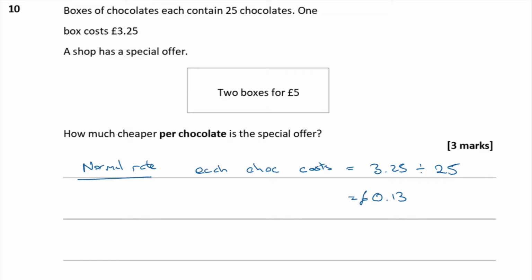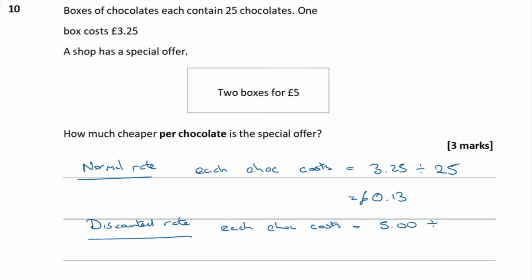And then the discounted rate. If it's £5 for 2 boxes, then each chocolate costs, well, I've spent £5, haven't I? But I haven't got 25 chocolates this time.